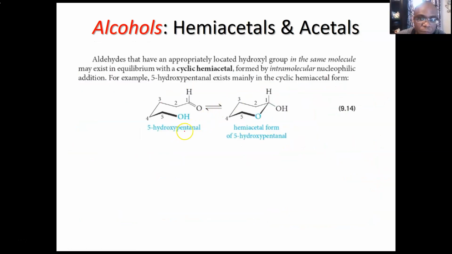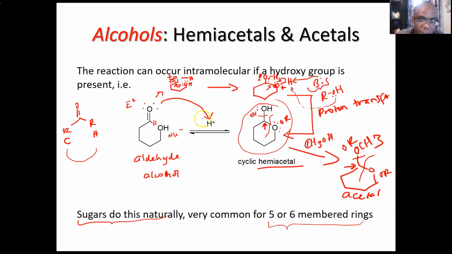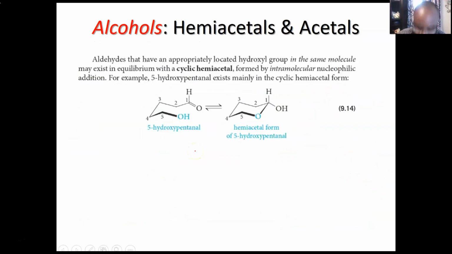So if we were to do the same mechanism, this time not in 2D but 3D, using a chair, in the presence of an acid catalyst where this will be bonded to the acid, the lone pair would attack here, that opens up, this oxygen will have its hydrogen still, and then next you'd use a base to take out this hydrogen, neutralize the oxygen. Then you'll end up with your chair.